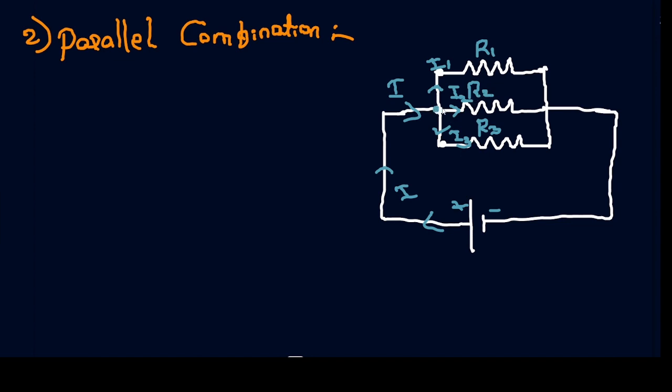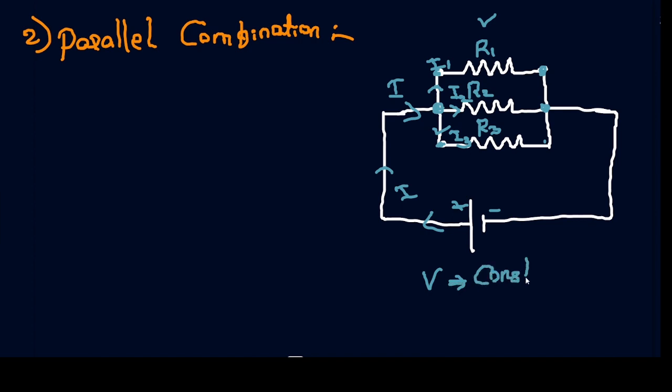But if you consider any 2 points, from here to here the same voltage will be there, and from here to here the same voltage, and between these 2 points the same voltage is there, right? So in this combination, the constant one is voltage.